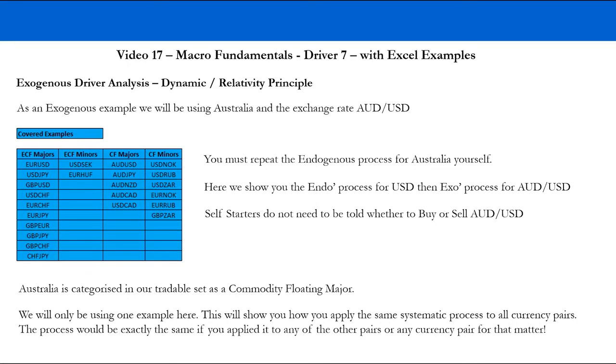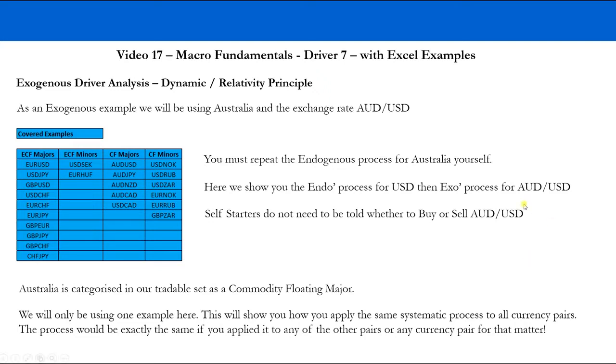Now, one thing we've just got to cover here quickly is something that we've touched on earlier on in the video series, and on a couple of occasions throughout the video series, which is an exchange rate. You can't basically buy another currency without selling another first. It's very important to know that and remember it when we're going into the exogenous analysis, because in the endogenous analysis, we're looking at a currency in its entirety. Now the dynamic relativity principle applies. You cannot buy another currency without selling one first.